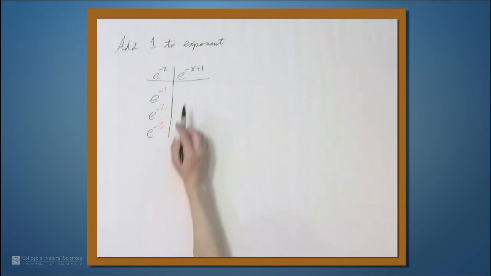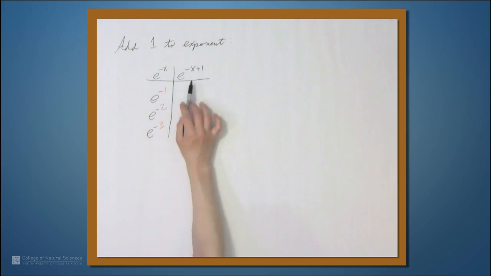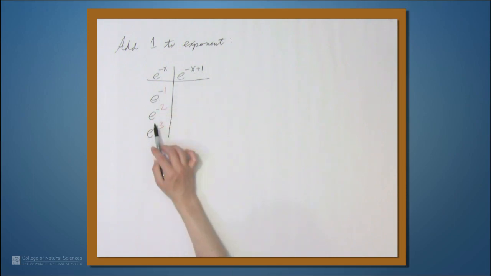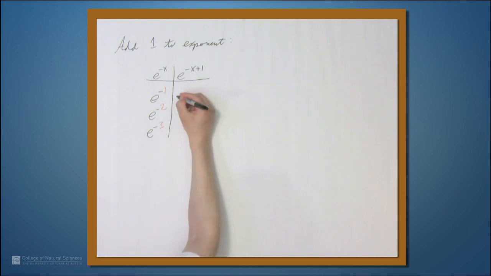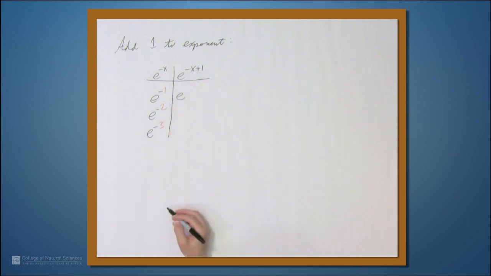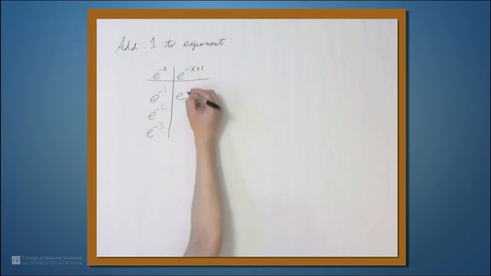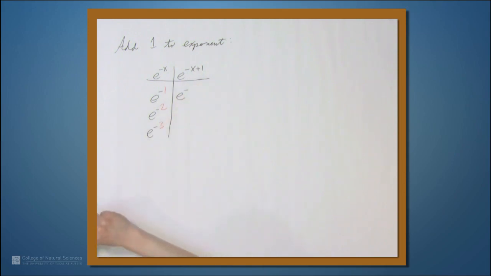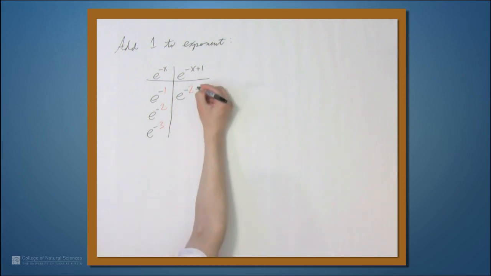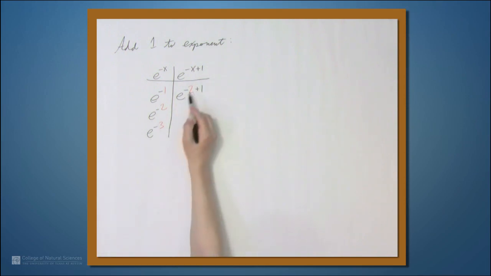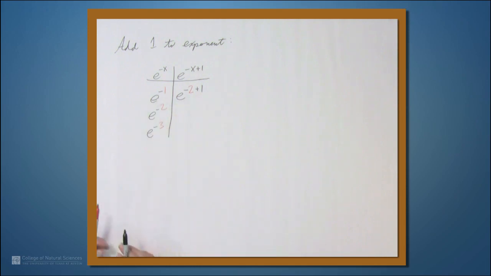What about on the right-hand side? If we want the exponent here to be the same as the exponent here, what do we need to plug in for x? To make negative x plus 1 equal to negative 1, we need to plug in 2. So this becomes negative 2 plus 1, so e to the negative 2 plus 1, same as e to the negative 1.